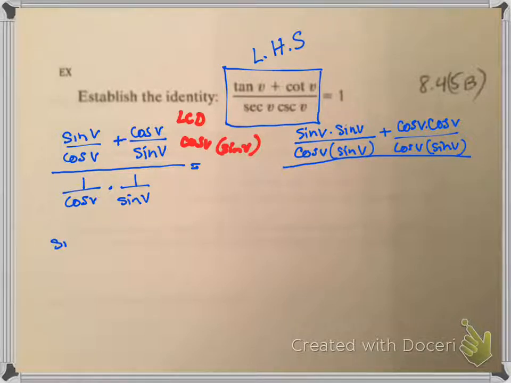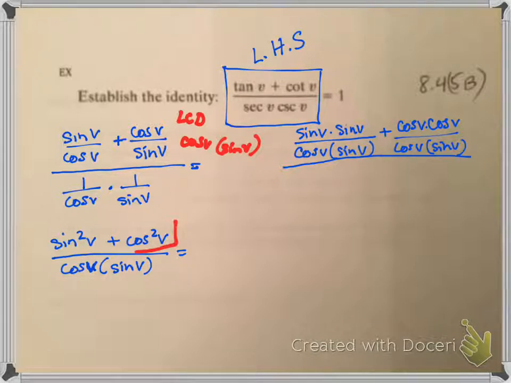Okay, so I'm still working on the numerator. I get sine squared v plus cosine squared v all over cosine v times sine v. Okay, Pythagorean theorem says that sine squared v plus cosine squared v, we can substitute a 1 in there.